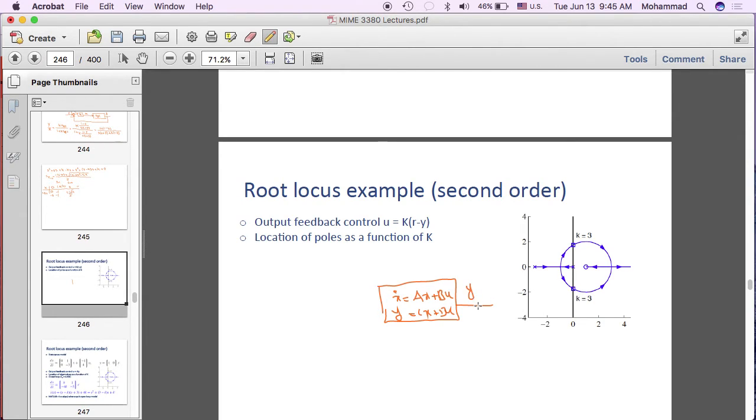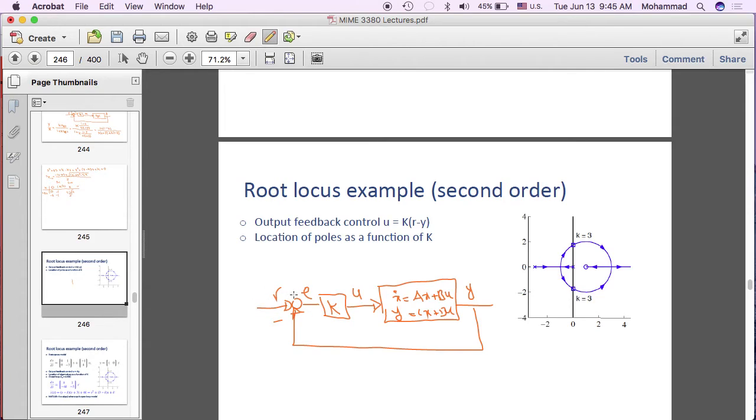This system generates y in response to an input u. We want to create a closed loop system with a proportional controller k that will calculate u based on the error that is the difference between r and y. Okay?